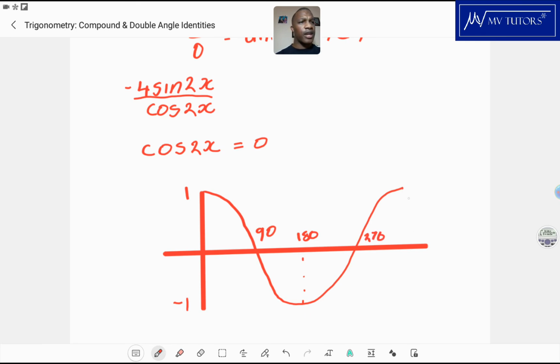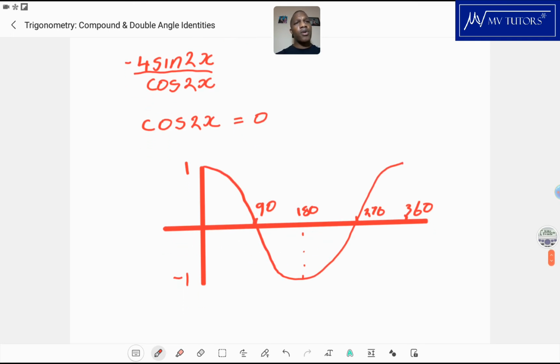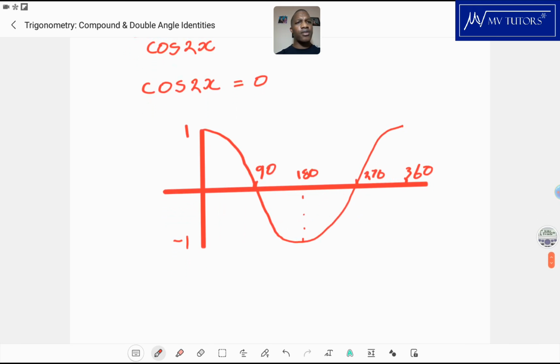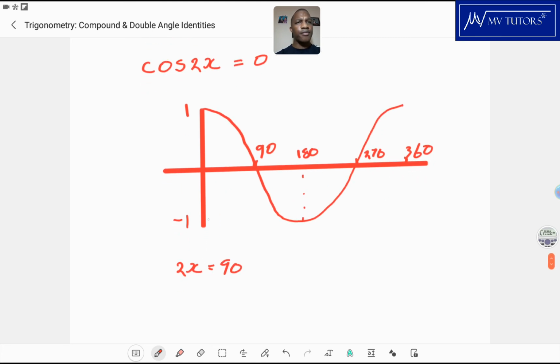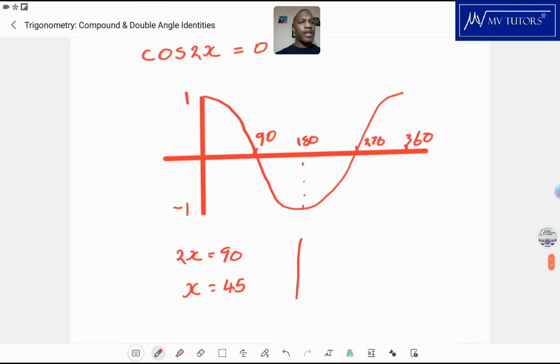And then here at the end it's 360. So the cos graph is 0 at 90. So 2x has to be equal to 90, and in order to solve for x, we divide both sides by 2 such that x becomes 45.